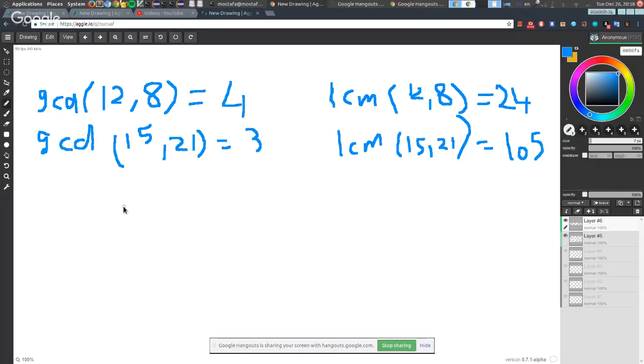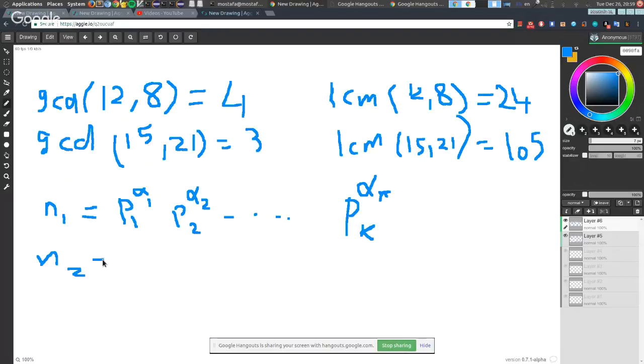Here we can make a nice observation, which is if the first number is written as a product of prime powers, p1 to the power alpha 1, and so on, and here we allow 0 powers, because if there's a prime not in the other number, we can say it's in the other number with the power of 0.